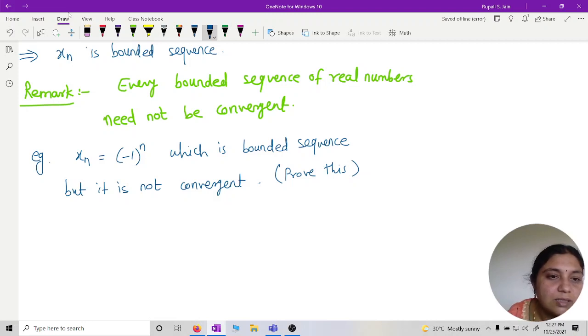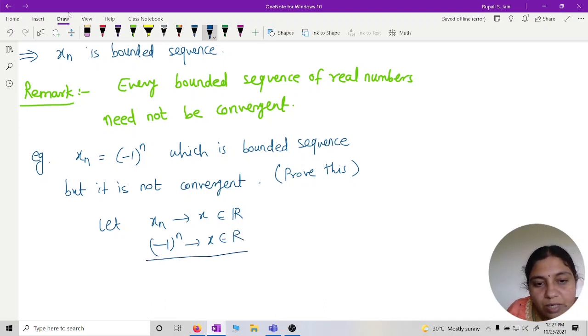If it is convergent, then let xn converge to some x belongs to R. Now you are saying minus 1 raised to n converges to some x belongs to R. Then try to arrive at some contradiction. If you assume this, then you will definitely get a contradiction.